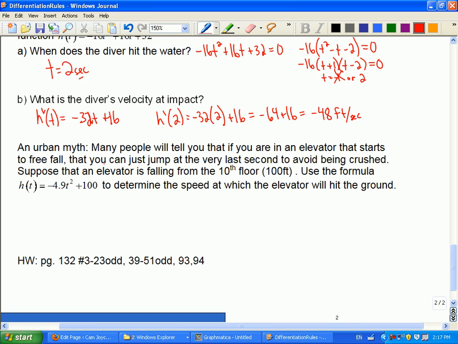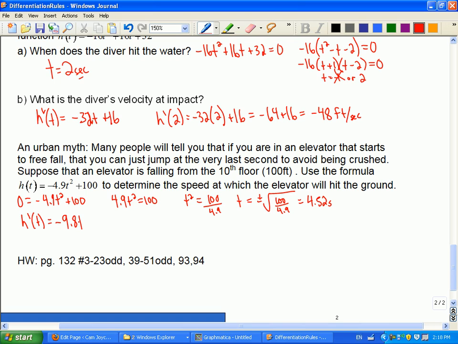Is it possible? Height is 0, so find how long it takes.